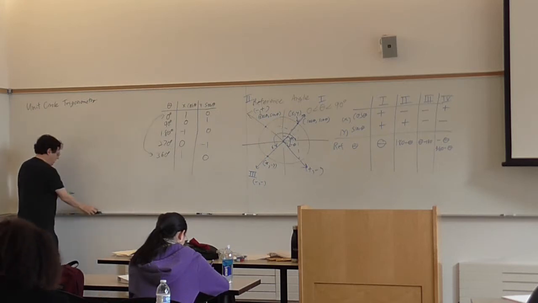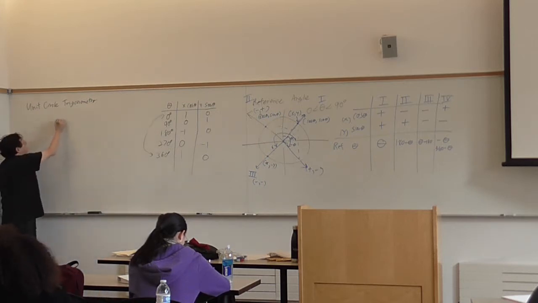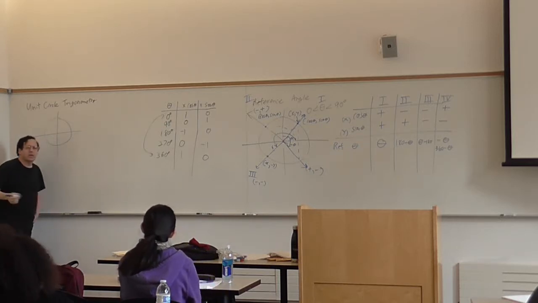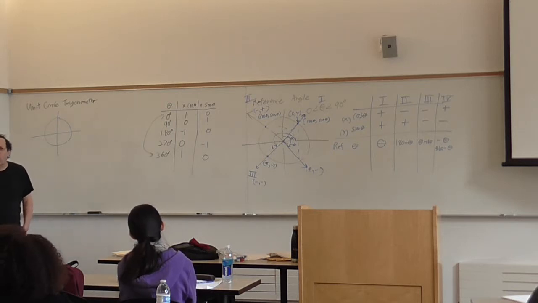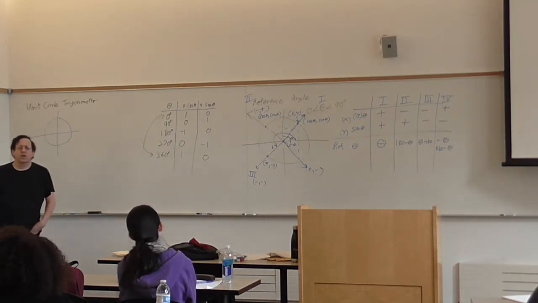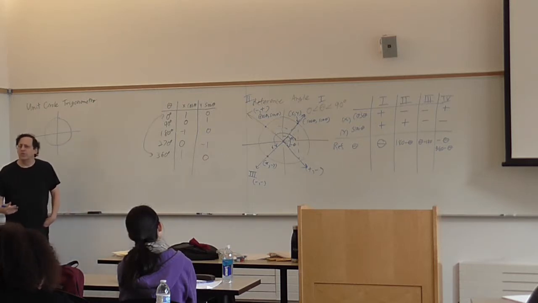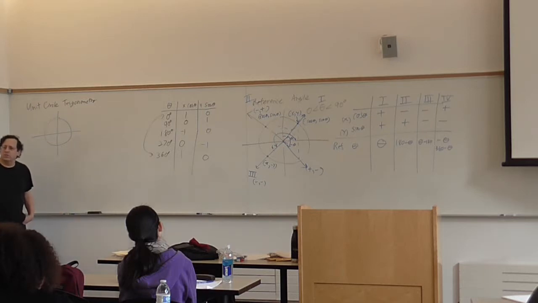So I have a circle. It has radius 1. Does anyone recall what the equation of the circle must be? Anyone recall the equation of the circle at all?